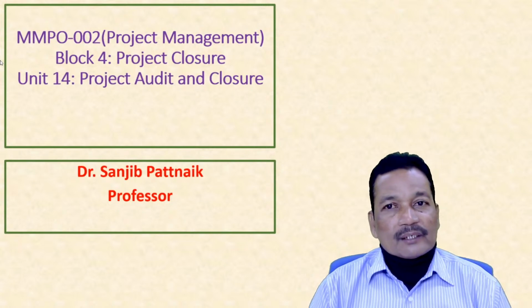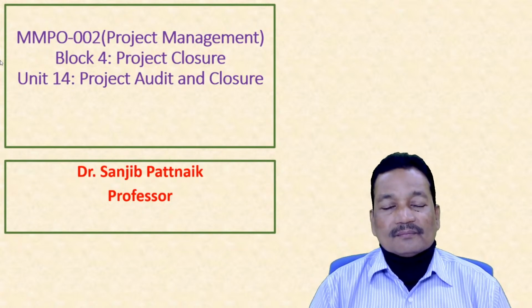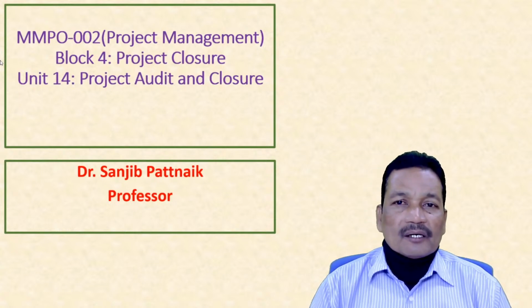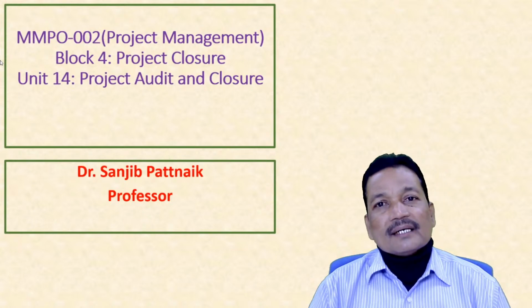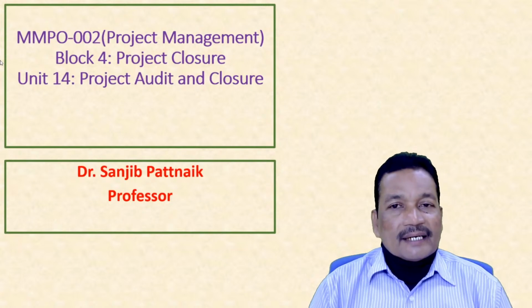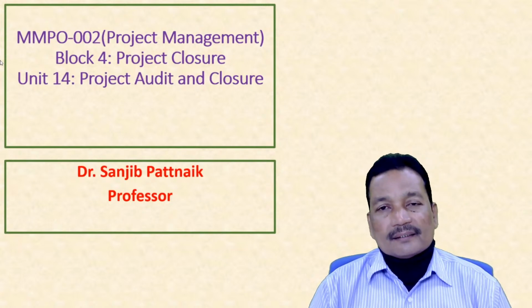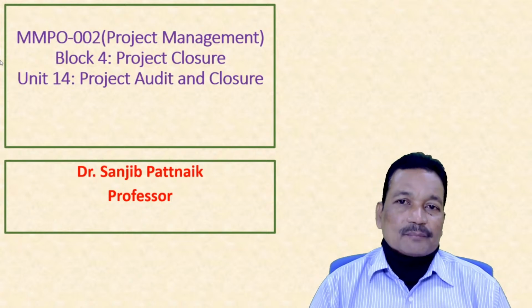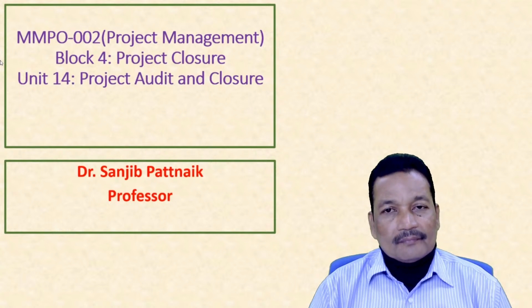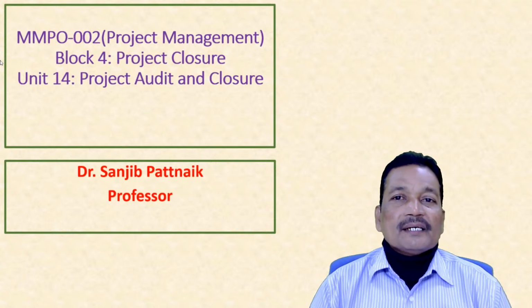Now, when we talk of a project, how well the project is going on. We have learnt in a particular topic called project monitoring and control. There also we try to look at, when we talk about project monitoring, at any given point of time, how the project is being done.